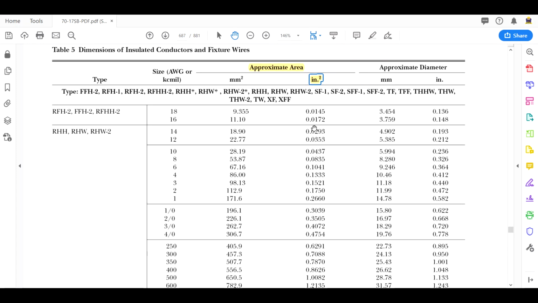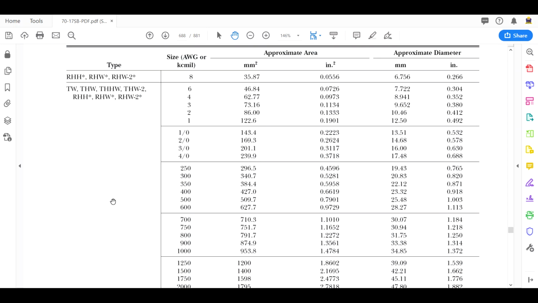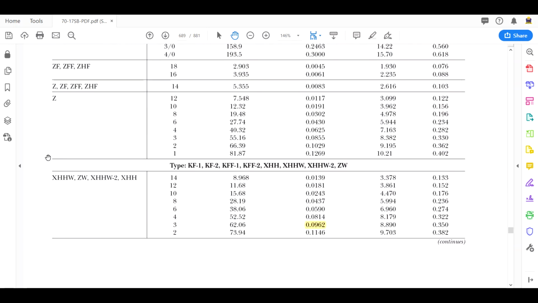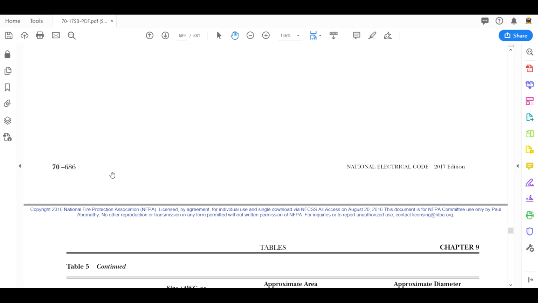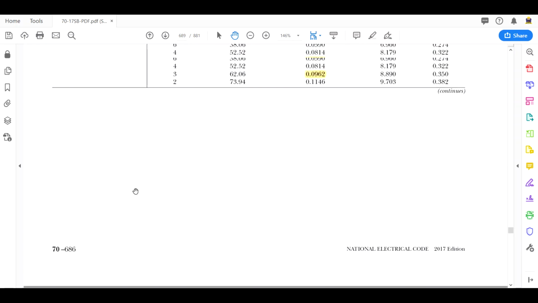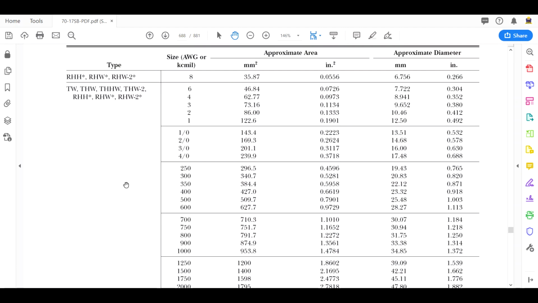And down here is the approximate area, in square inches, of all of the different types of conductor insulation. RHH, RHW, RHW-2, all of them, TW like we were looking at earlier, THHN, THWN, XHHW, all of these values are here. Now, the one I want to caution you about: if you get an exam question that asks about RHH, RHW, or RHW-2 without outer covering, bear in mind that both RHH and RHH without covering exist in this chart.